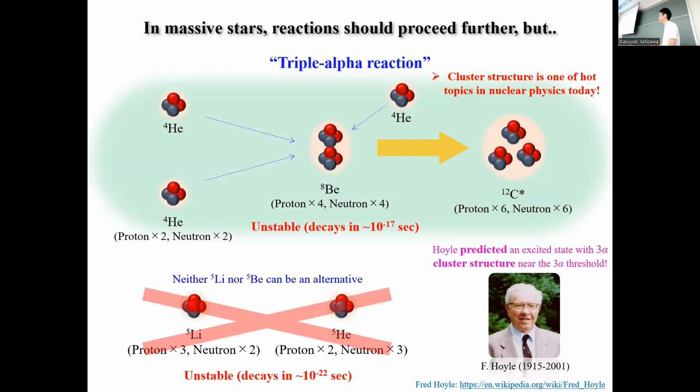In such a case, we may superpose many Slater determinants and re-diagonalize the Hamiltonian. By doing so, we can expand the model space or flexibility of the wave function, and we can get this kind of cluster state. But this is beyond the scope of this lecture.